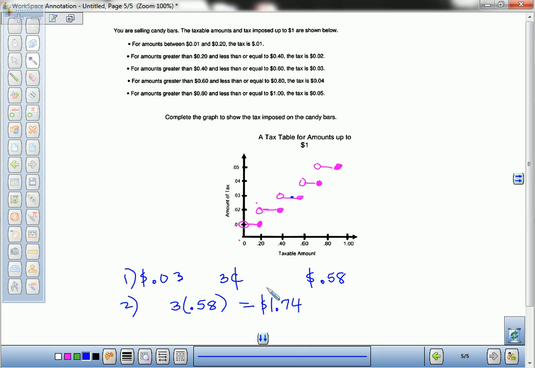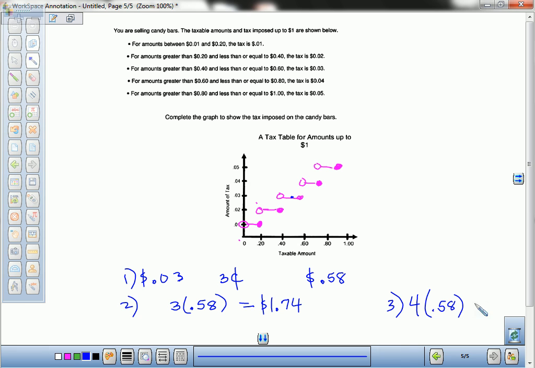All right, the last question. Someone purchases 4 candy bars at 55 cents a piece. They give you $2.25. Is this enough money to cover the candy bars and the tax? Find out. Yes. Yes, it is. 4 candy bars. 4.